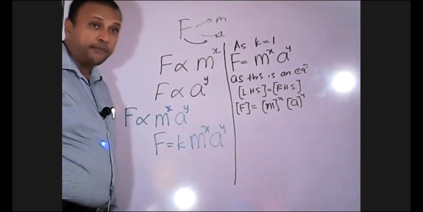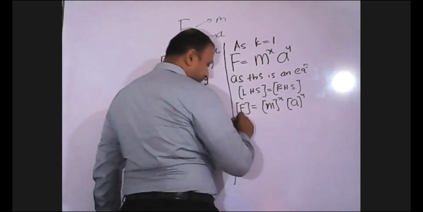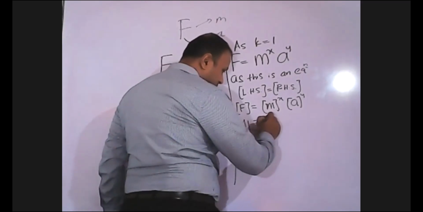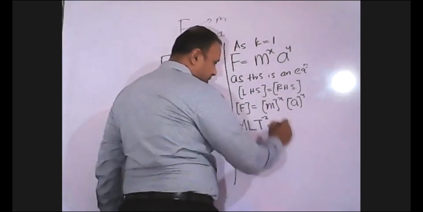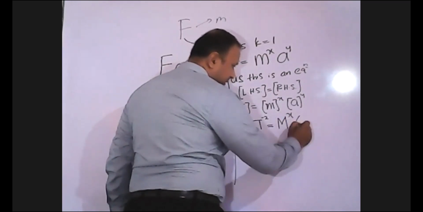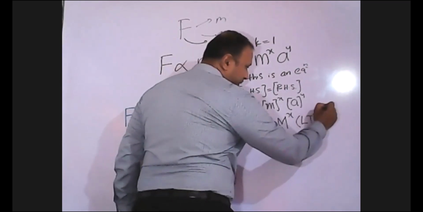Now you can apply the dimensions of each term. The dimension of F is M L T minus 2, which is equal to m to the power x, then L T minus 2 to the power 1.